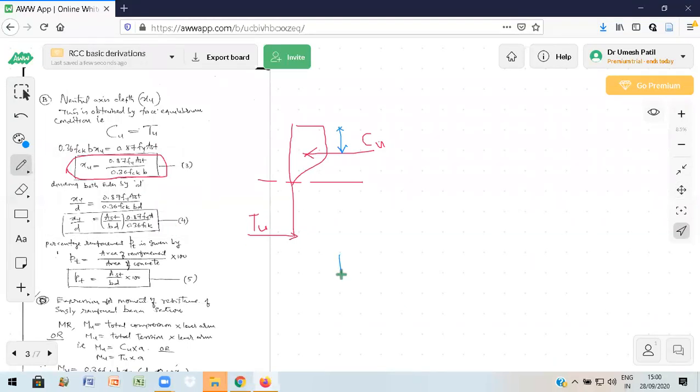From your strength of material knowledge, you should tell me total tension is equal to, use this simple formula: stress is equal to load by area. So P is equal to stress into area. So Tu is a force. So force in the steel rods is equal to stress in the steel rods. How much is that?